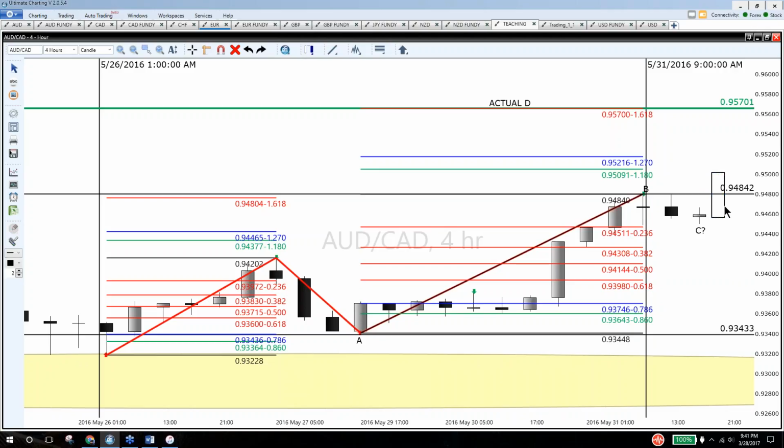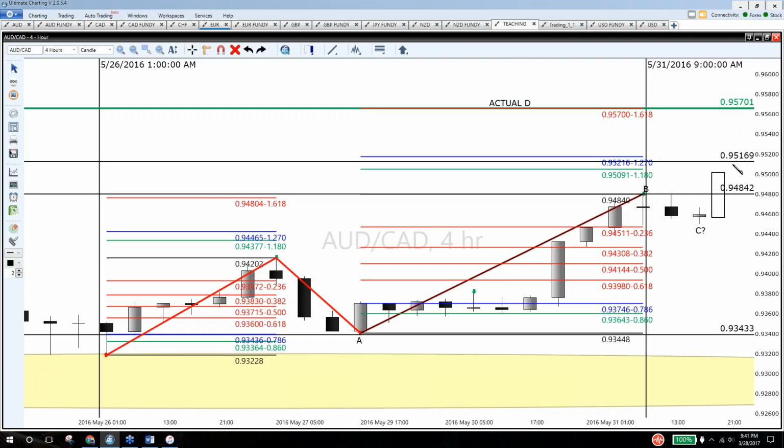I'm trying to avoid turning this into an entry discussion, but if this were the case, according to the rules of the UTP, I'd have to look to enter at the close of the candle, right? The candlestick formation must be confirmed. So once I get the candlestick formation closed, and I know it's not going to change on me, it is in fact a bullish signal. The market is saying I'm going up, so I want to go up with it, and I want to buy it.